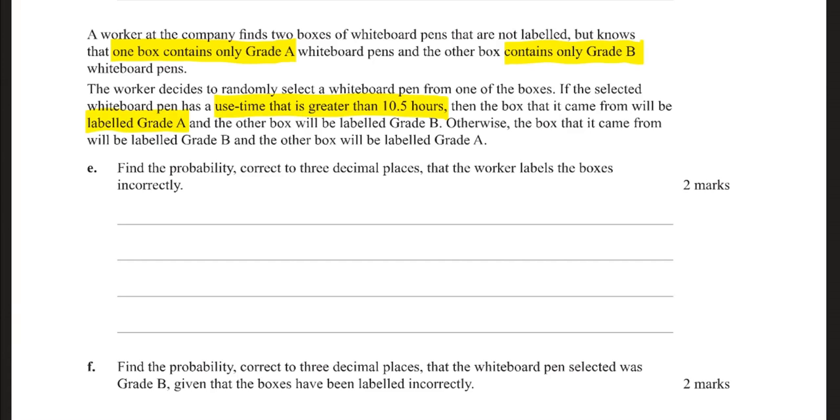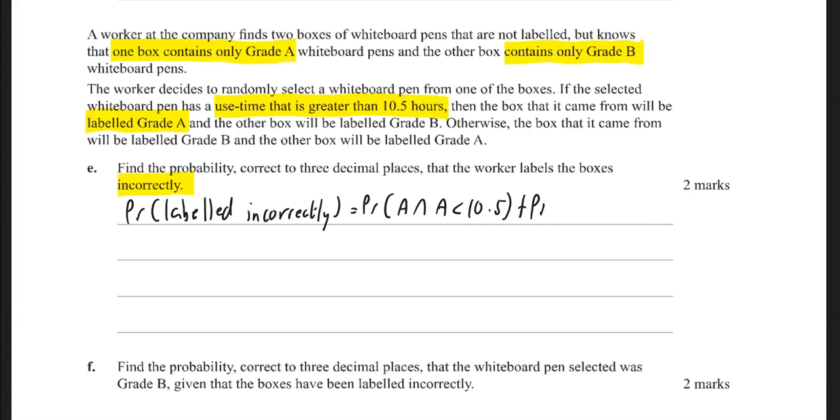So now we want to find the probability that the worker labels the boxes incorrectly. So PR of labeled incorrectly. Essentially, probability of A and X is less than 10.5 plus probability of B and X is greater than 10.5.